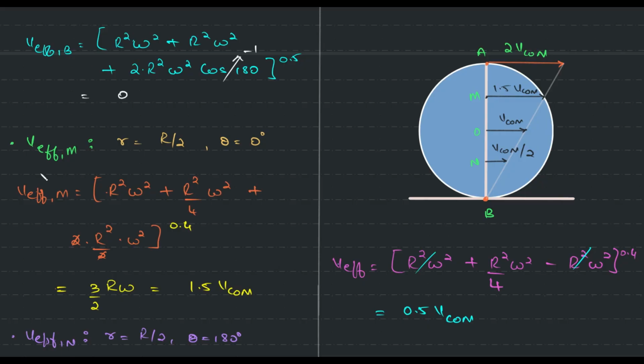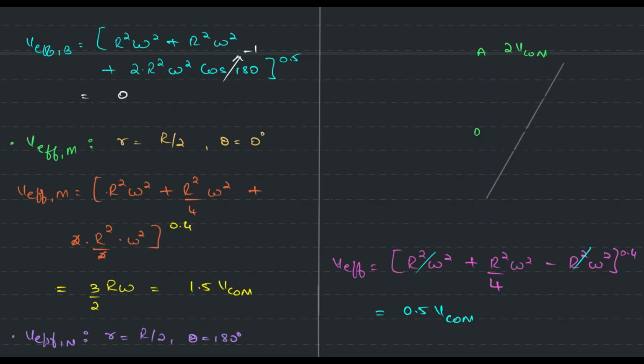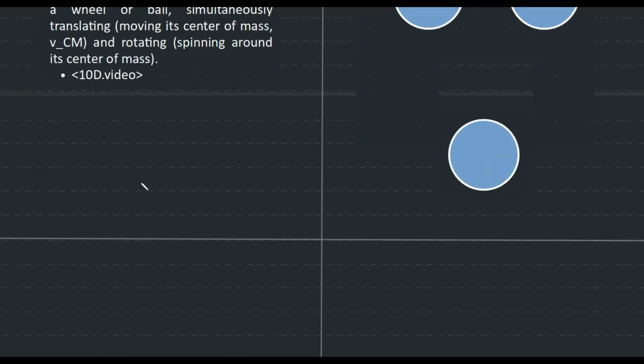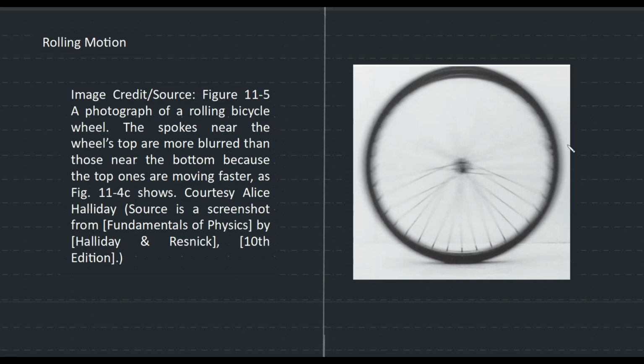And if we go back to the photo, can you see the values over here? This is 0. This is the velocity of the center of mass. The top will be double. Middle will be 1.5 times.